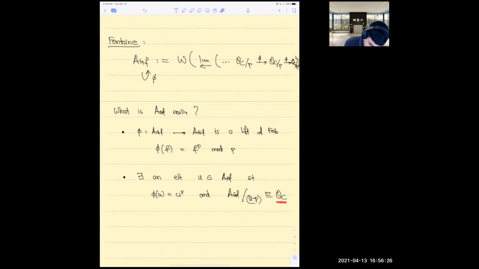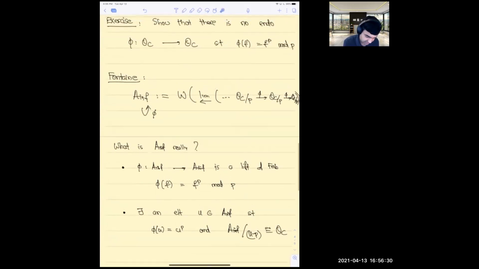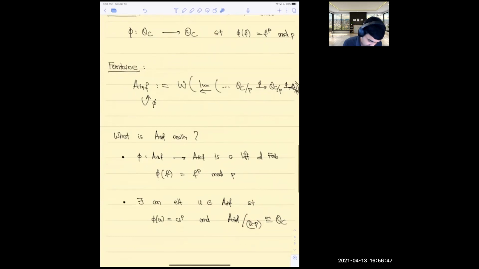Okay, so this is what I wanted to get at. So this was the ring I started off with. I told you that it did not have any interesting endomorphisms in this exercise. And now we produced a one parameter deformation of it, in the sense that we produced a ring with the property that when you go mod an element, you get the ring I started off with. And this new ring does have an endomorphism, which deserves to be called the Frobenius.